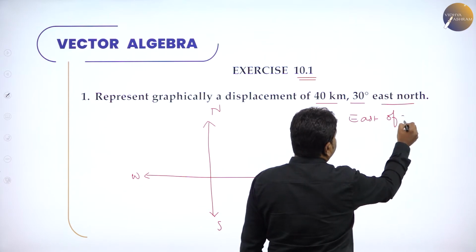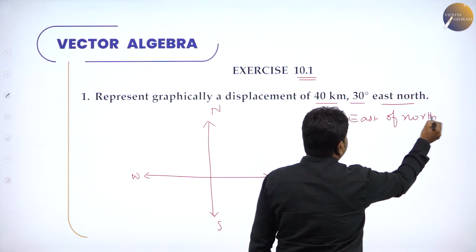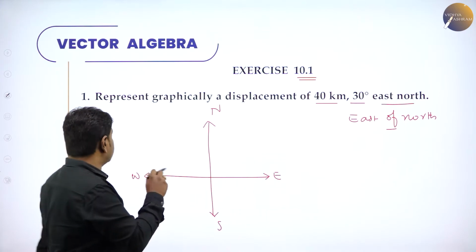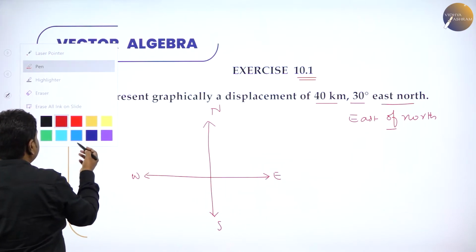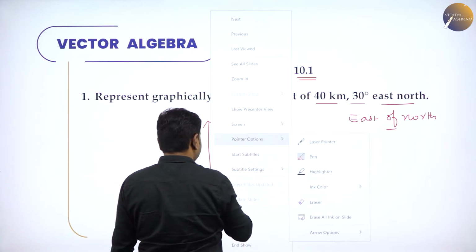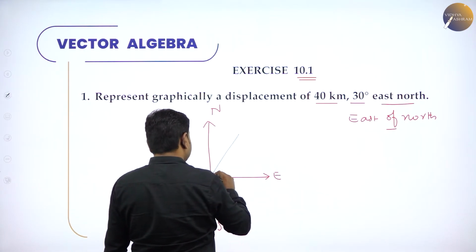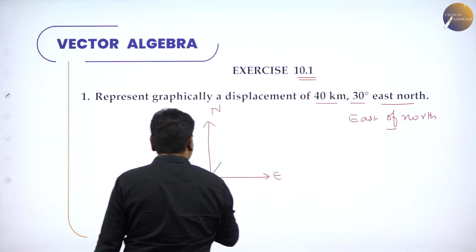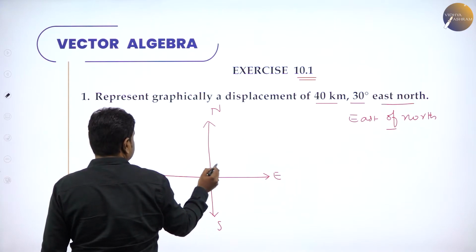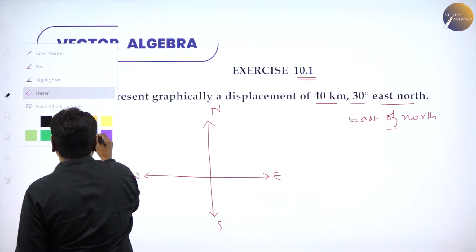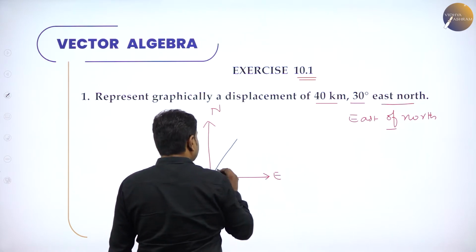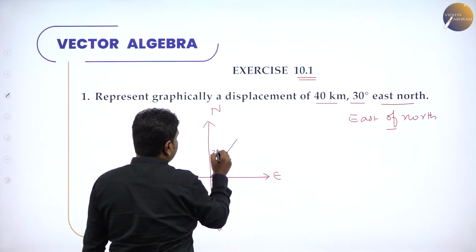What is meant by east of north? Of north means you should make an angle with respect to north. So this is the line segment. It makes 30 degrees with what?